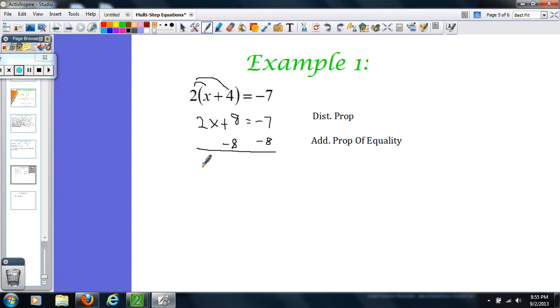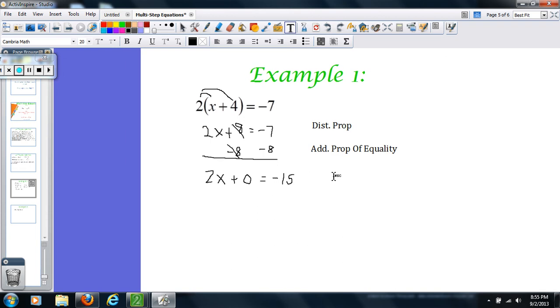So from here, I get 2x. The plus 8 and the minus 8 are going to give me plus 0. Let me see if I can redo that plus sign there. And that is going to be, I'm adding -7 and -8, which is going to be -15.